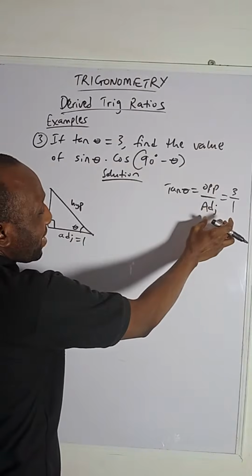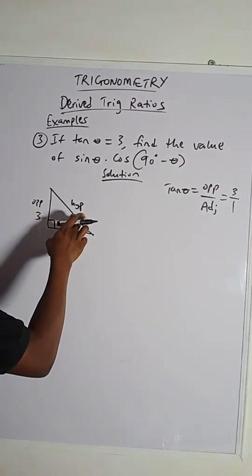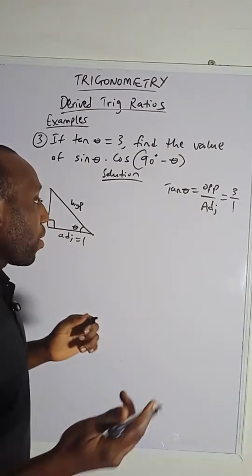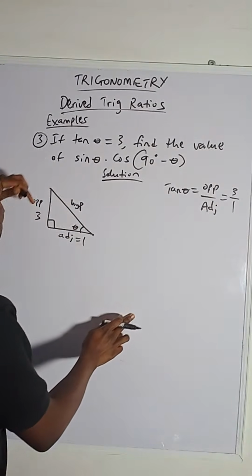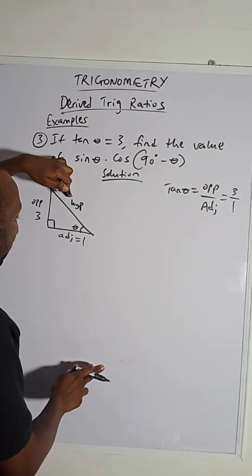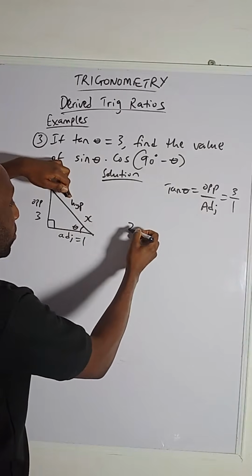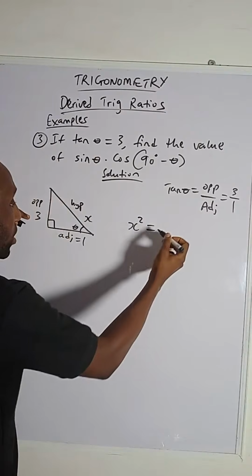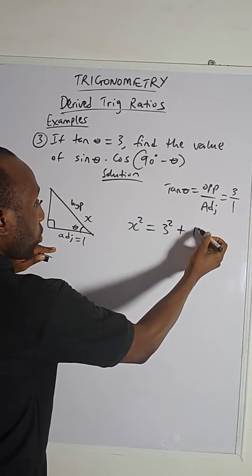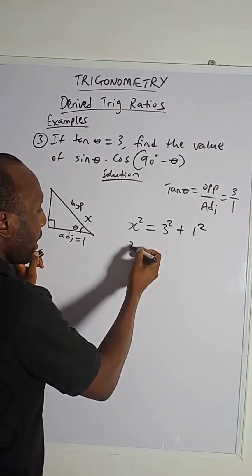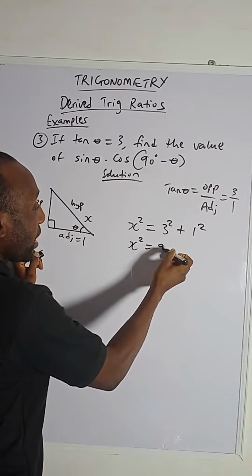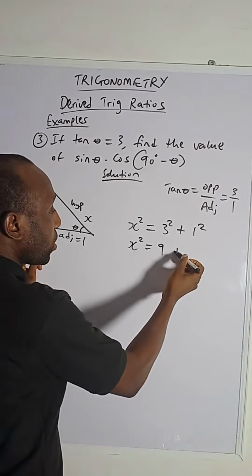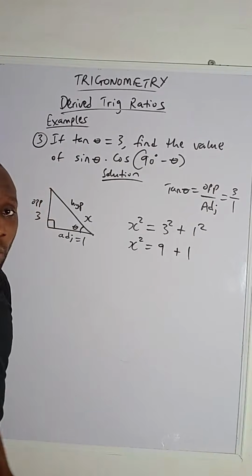All right, so let's get the hypotenuse, still using Pythagoras theorem. Let's call this x. The square of the longest side is equal to the sum of squares of the other two sides. So x squared is equal to 3 squared plus 1 squared. 3 squared is 9, plus 1 squared is 1.